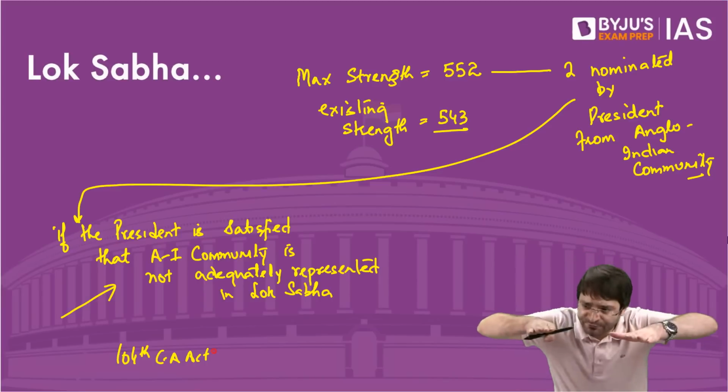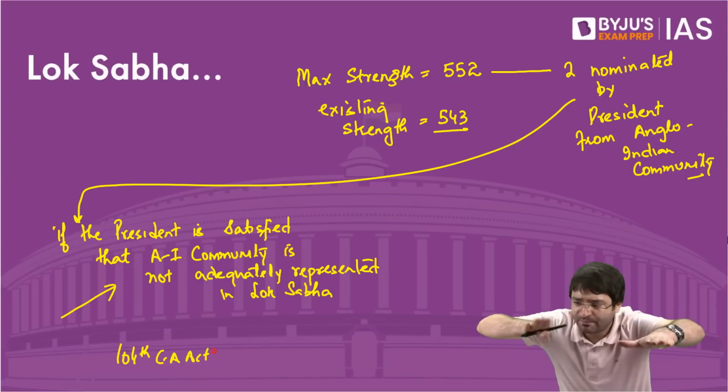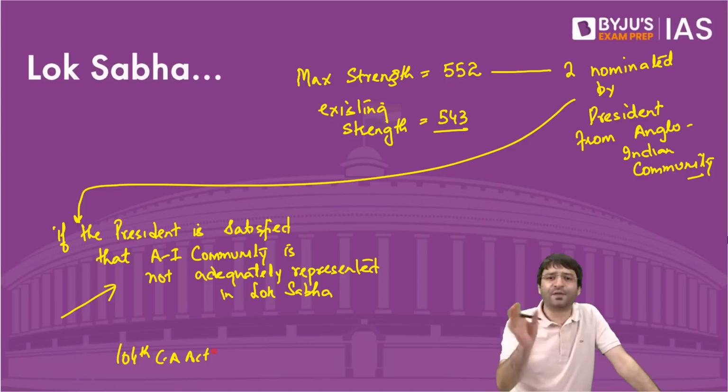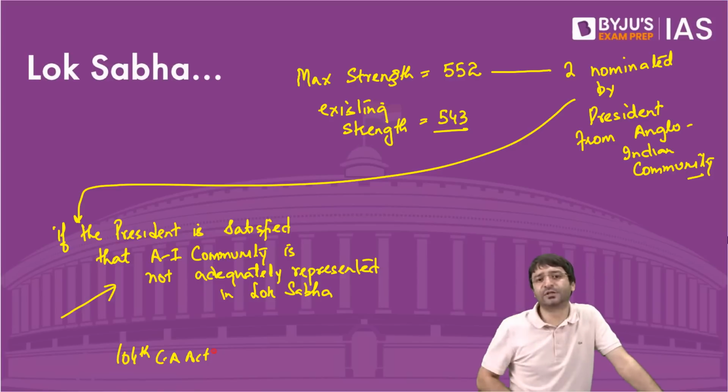This Act provided extension to reservation for SCs and STs. That means for SCs and STs, the reservation in Lok Sabha and legislative assemblies will continue. But reservation for Anglo-Indians was dropped. That means now there is no reservation for Anglo-Indians, neither in Lok Sabha nor in the state legislative assemblies.